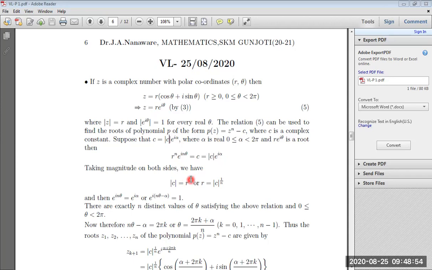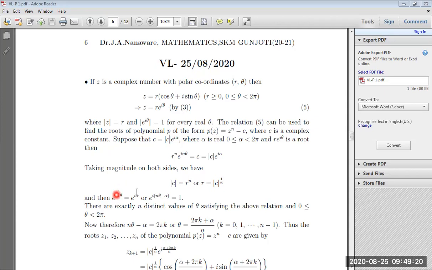Now taking the nth root on both sides, you will get the value of r is equal to the 1 by nth power of this magnitude of c. And if we take this value of r, then e to the power i n theta is equal to e to the power i alpha.